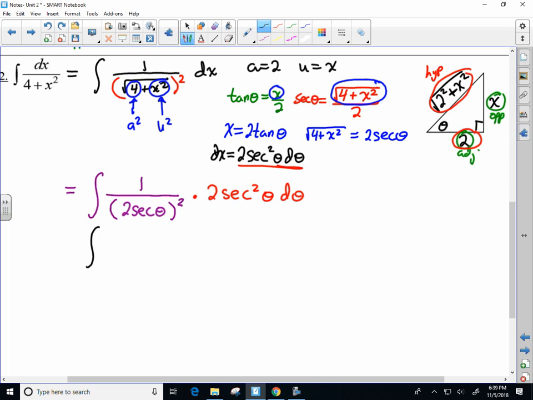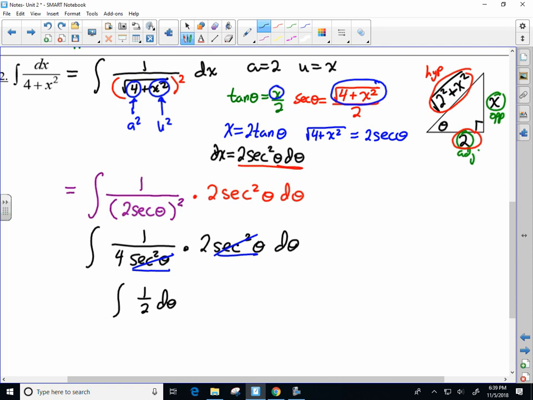Maybe an extra step to clean it up. 1 over 4 secant squared theta, cancellation here, right? 1/2 d theta. I mean, that's your payoff right there. All that work so that you get to this step and you can say, oh, all right, my antiderivative is theta over 2. That's wonderful. Plus c, of course, but still.